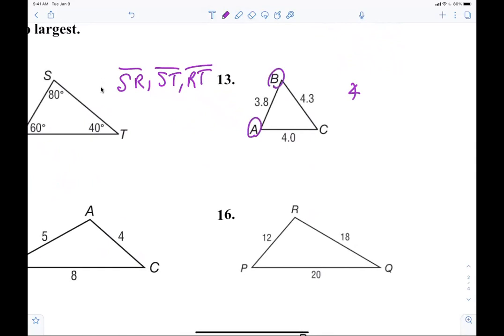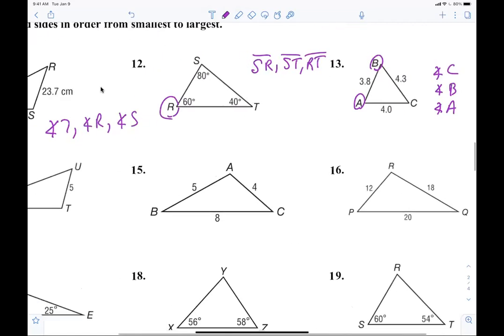So what's the other letter that's not mentioned? There you go. So now what's the other middle angle? So it'd be angle B. Then what? All right. Hopefully everybody understands what I'm saying. That's how I would name them. To me, I would just say, okay, AB is the smallest side, so C is the smallest angle.